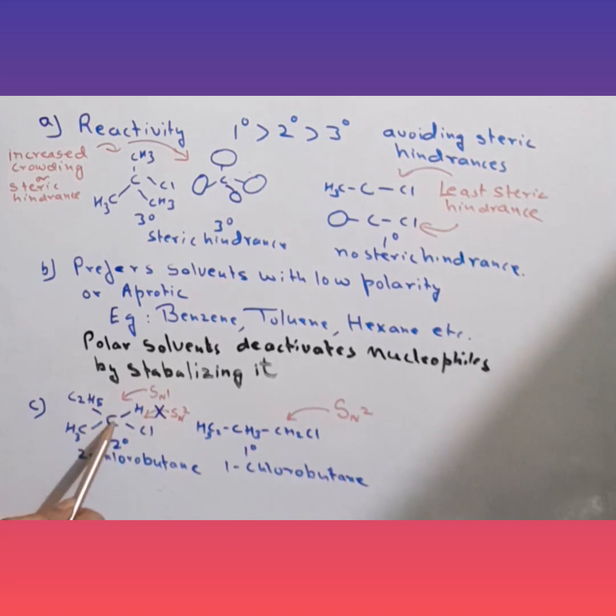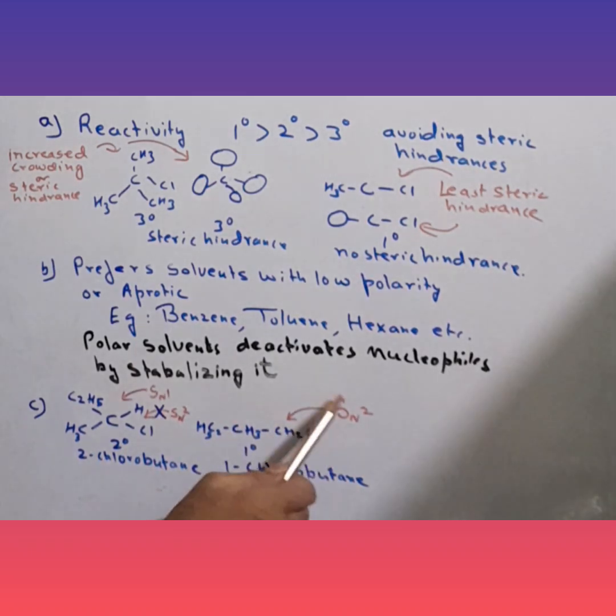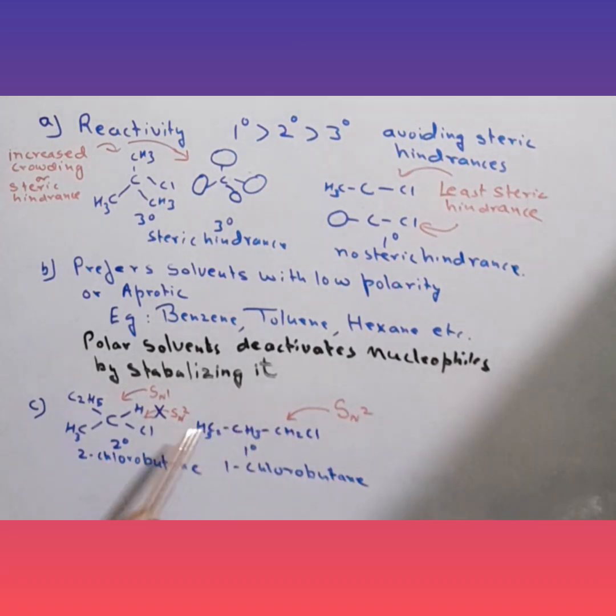That is what is compared with 1-chlorobutane: ethane, propane, butane. Here in this case SN2 is preferred because there is no crowding, whereas here SN1 would be preferred, not SN2, because of crowding. So here it's SN1.